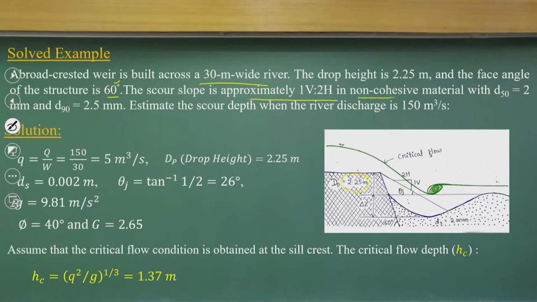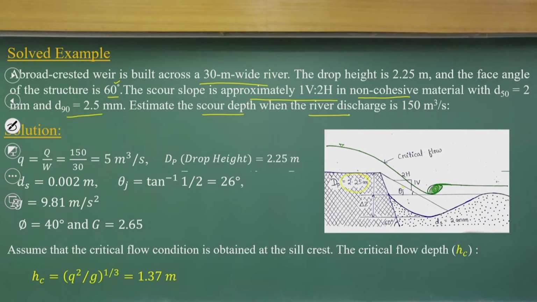It is a non-cohesive material having D50 2 mm, D90 2.5 mm. Estimate the scour depth when the river discharge is 150 meter cube per second. This is a very simple problem, we only have to use the basic things.